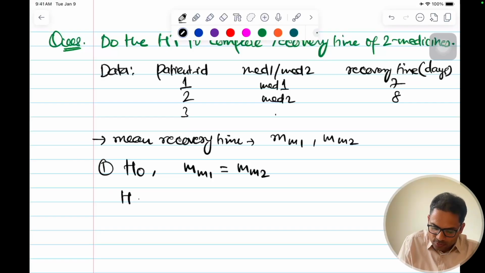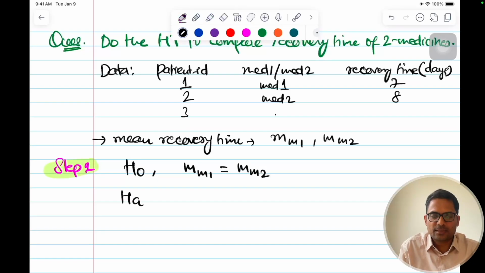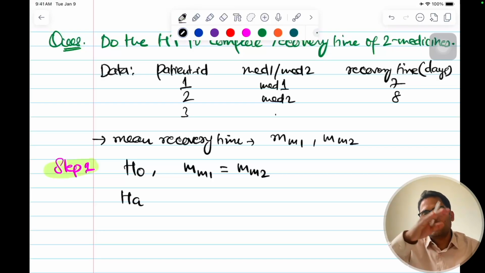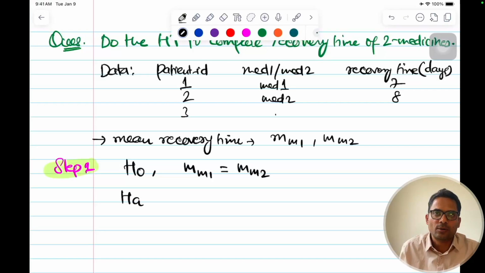And my alternate hypothesis, this is my step 1. Later on when we go for one and two tail tests, depending upon what my alternate hypothesis is, the way we are measuring it will vary a little, because everything is a distribution. So we'll see which tail to look at. But let's go with the simple one first.